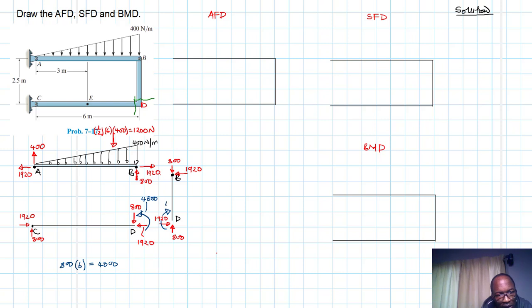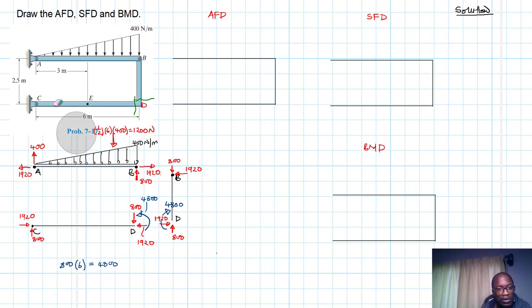So this one you expect it also to be equal to 4800, because it's supposed to be opposite. You can confirm that by just multiplying 1920 by the length of BD. What's BD? BD is 2.5. So 1920 by 2.5, you find exactly 4800, because you're supposed to have the same moment.